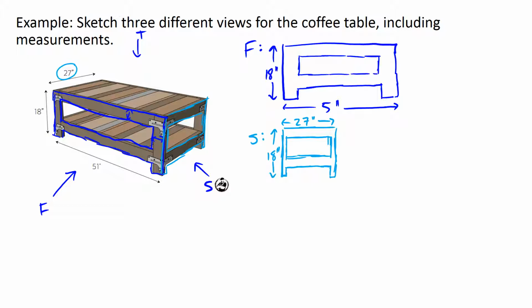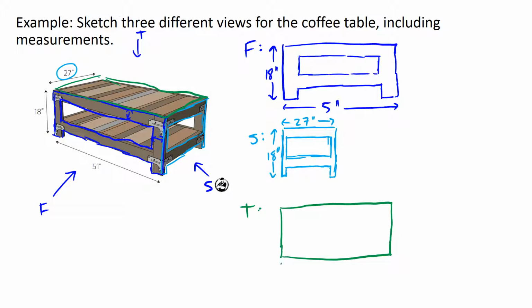So finally we have the top view, which is a really nice simple view because it's a rectangular table and all we're going to see is the top of the table, that rectangular top. And so I'll try to make it in my sketch the same distances that I've had earlier.